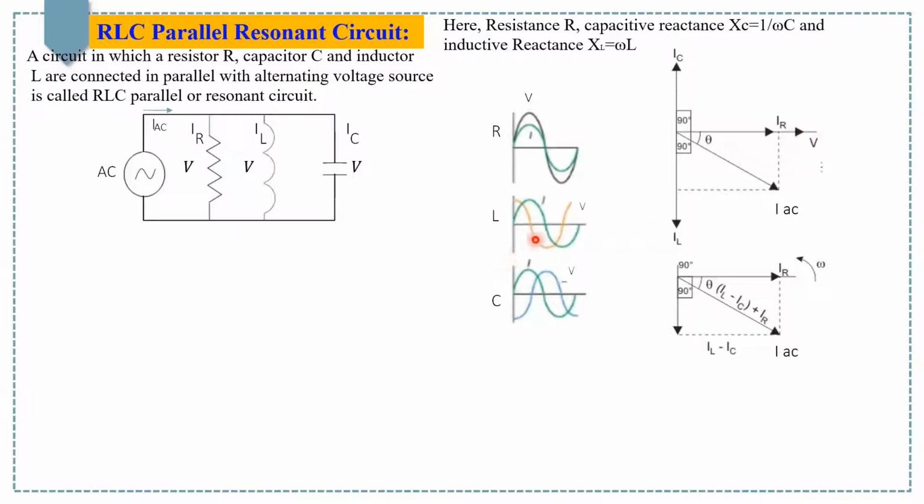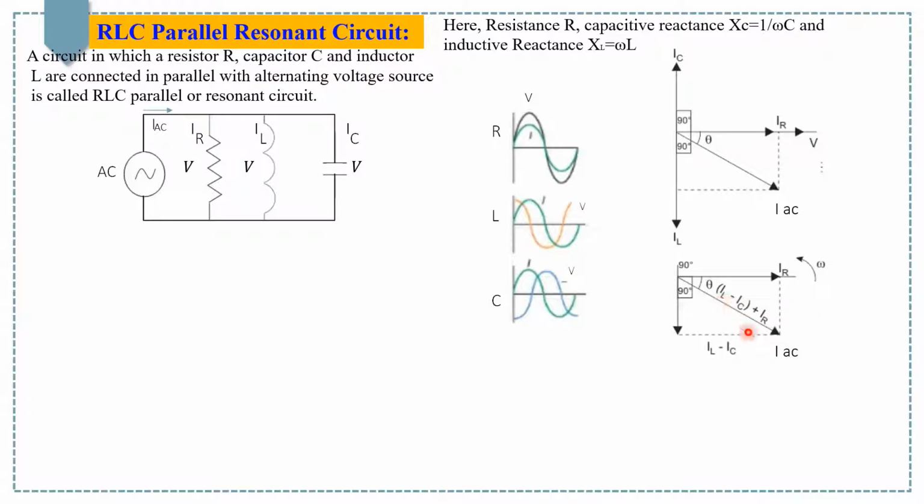In case of inductor, current lags voltage by 90 degrees, so we draw I_L to lag the voltage vector by 90 degrees. And in case of capacitor, current leads the voltage by 90 degrees, so we draw I_C at 90 degrees with respect to the voltage vector.